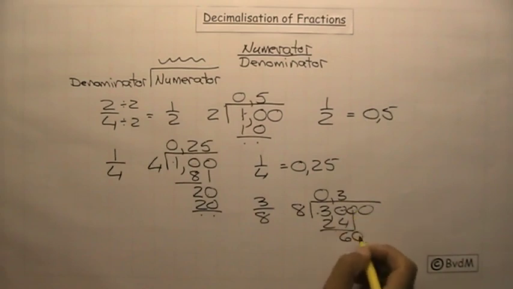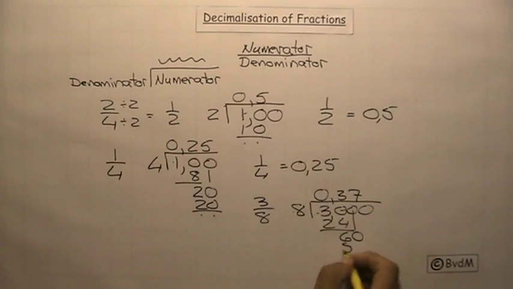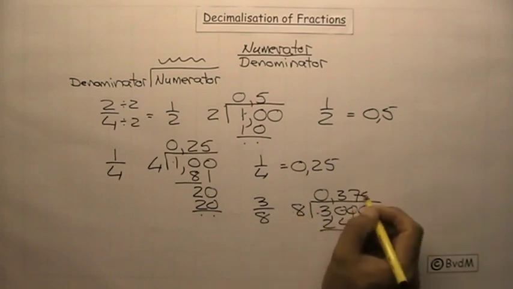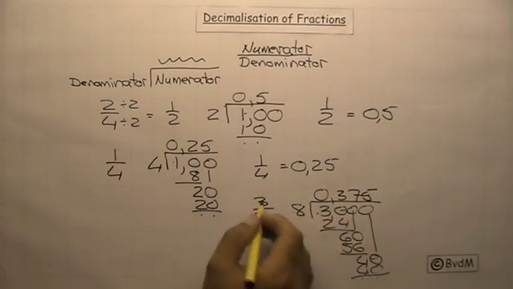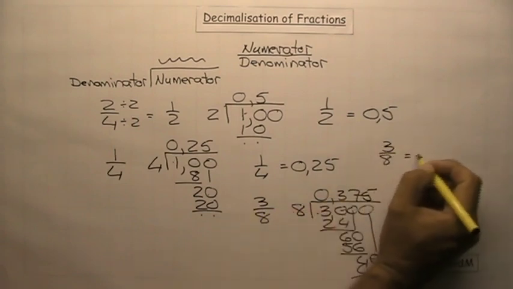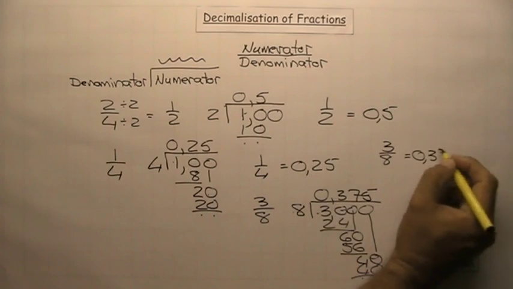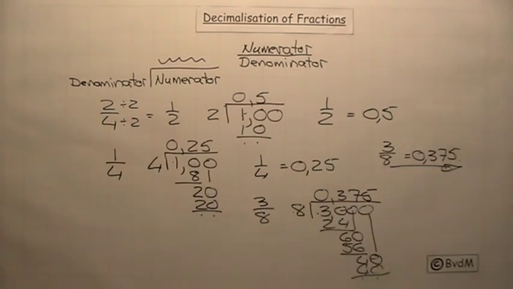Bring that nought down. 8 goes into 60 7 times. 8 times 7 is 56. 60 minus 56 is 4. Bring that nought down. 8 goes into 40 5 times. 5 times 8 is 40. Now, I can write 3 over 8 is equal to 0.375.